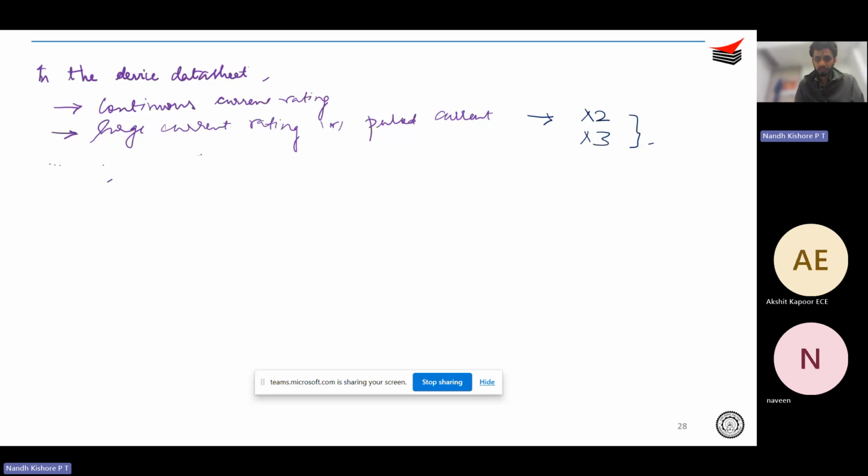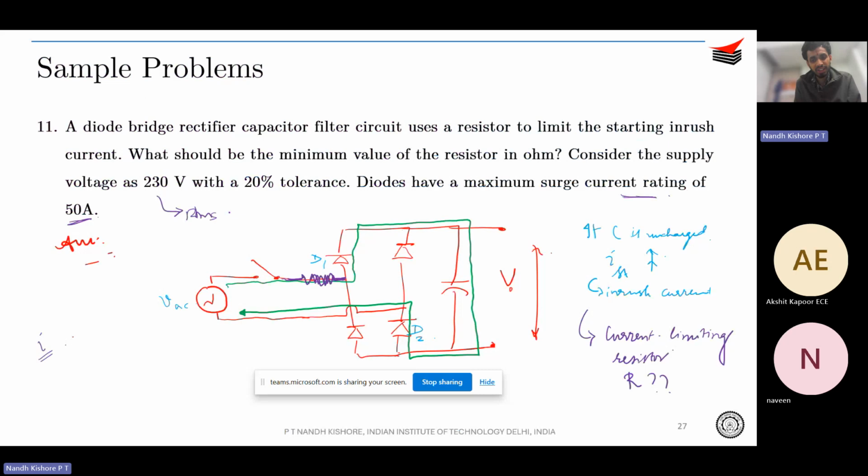You know that if the capacitor is uncharged, then obviously there would be a huge current, and that current would be used in charging up the capacitor. So as the capacitor voltage increases, the current will obviously go on dropping. Correct? This huge current is actually going to come only during the starting period, not during the normal steady state operation.